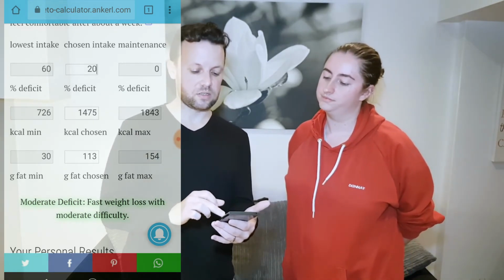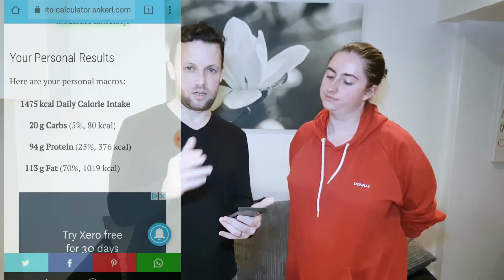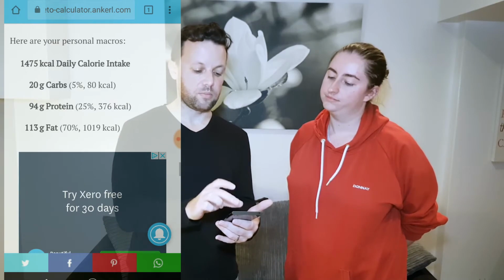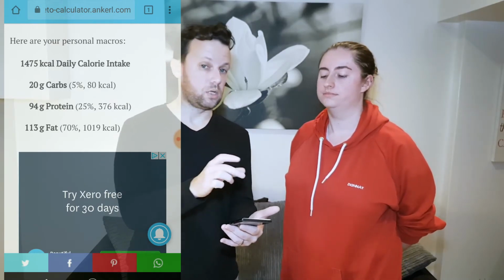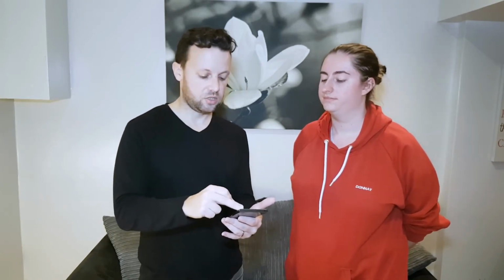So a 20% deficit will be the last thing you need to enter, and that will come up with what you hope is the perfect macro. In this case, you're starting with a base metabolic rate of 1600.